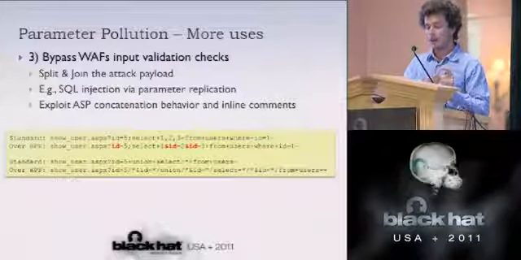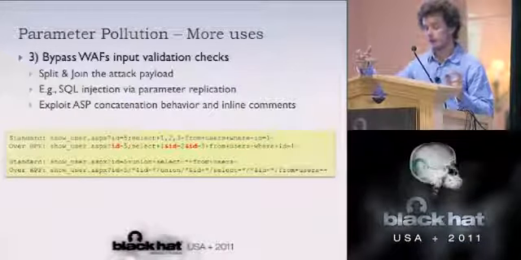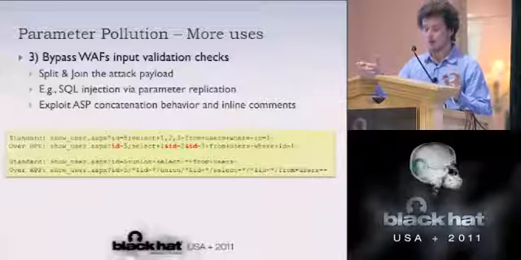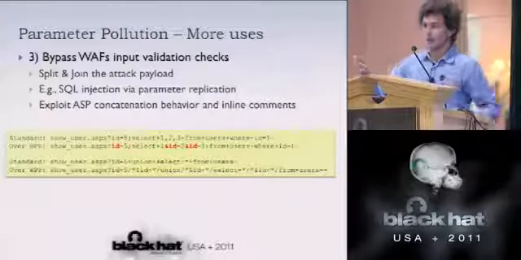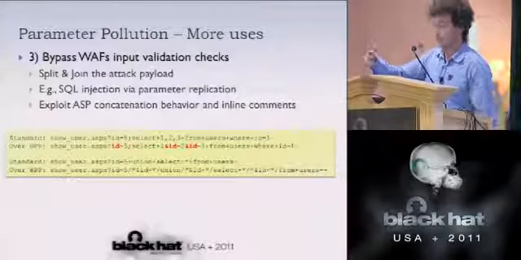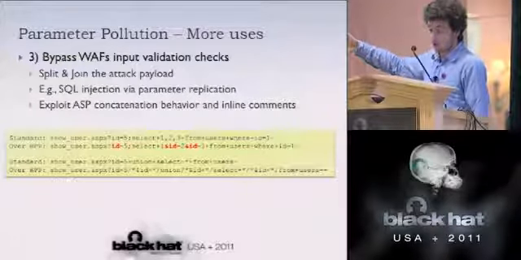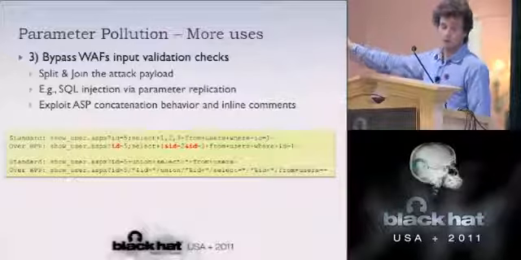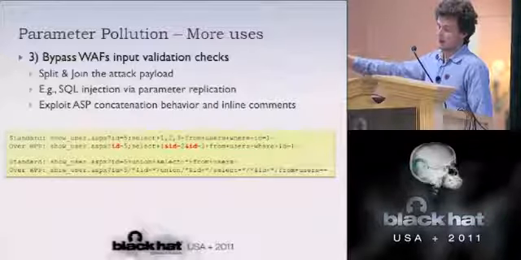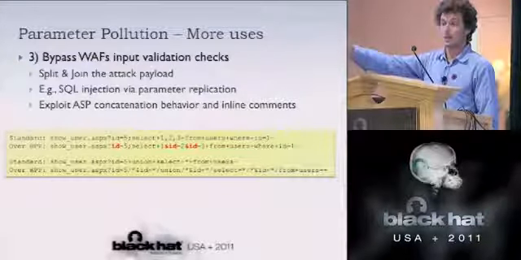You can split this payload by providing the same parameter multiple times. Here you see a parameter called ID that contains a SQL injection. This SQL injection will most likely be detected by your web application firewall.